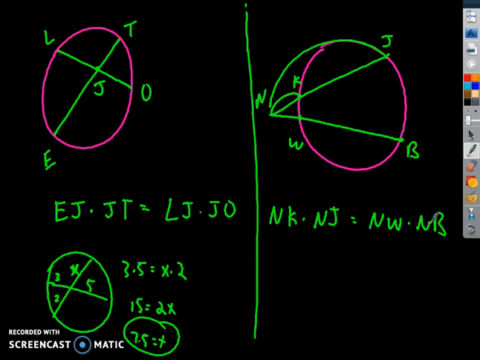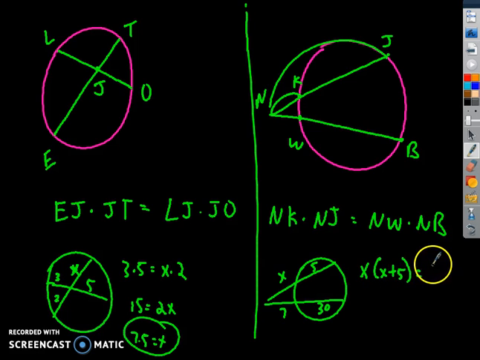This is always true whenever you have 2 secants that meet outside the circle. So for example, say we had this circle with these 2 segments. Let's say this segment was X, this segment was 5, this segment was 7, and this segment was 30. Well, I know that X times X plus 5 is equal to 7 times 37, because 7 plus 30 is 37.